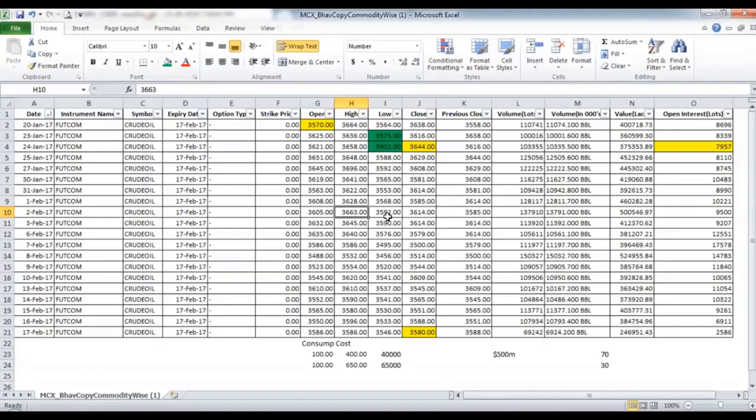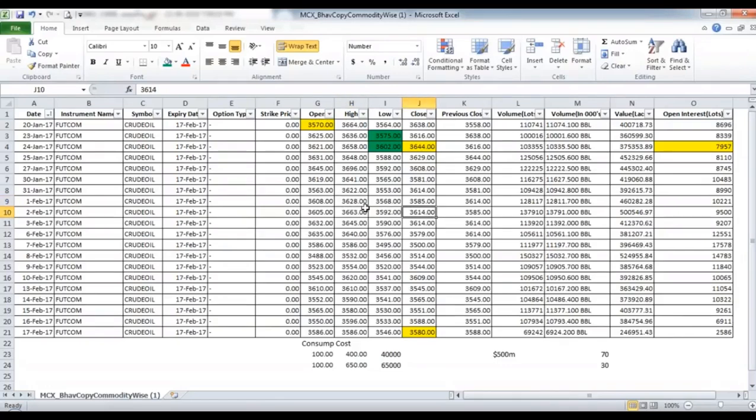Now on this day, it is going up, right? It went up. And did it close above the high? It did not, right? So it didn't get into a complete uptrend.